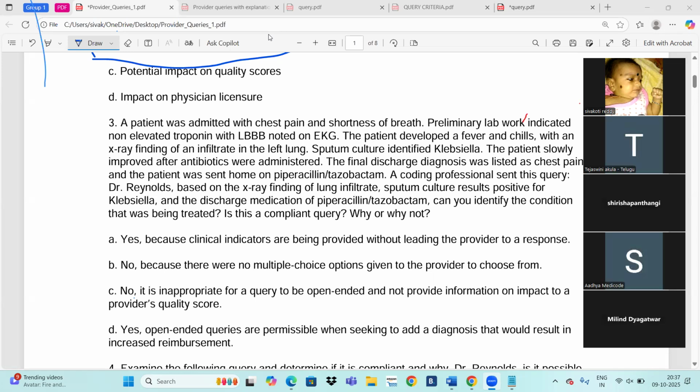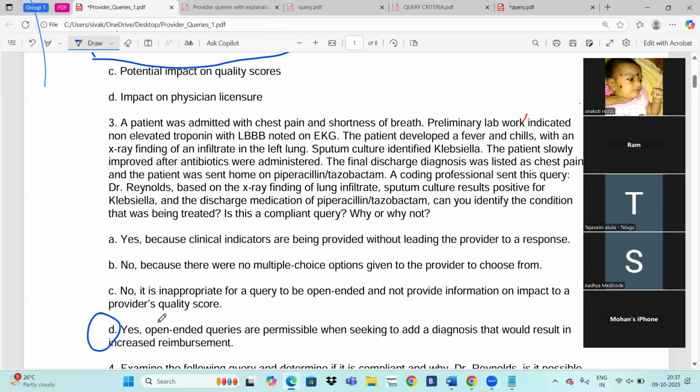Option A. What format is this one? It is D, open-ended, right? It is free text format, an open-ended query. Yes, this is permissible as open-ended. Correct. Open-ended query.